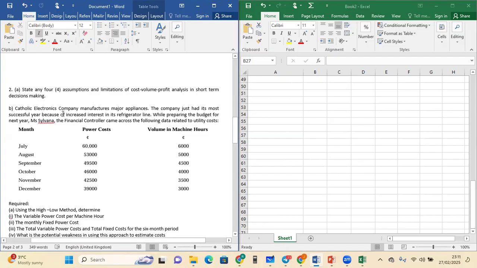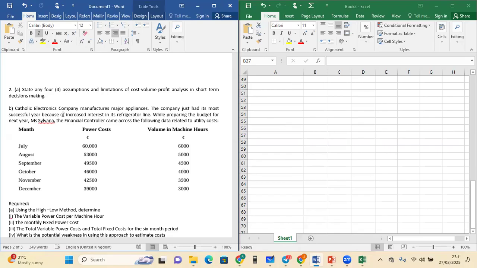So in cost-volume-profit analysis, we normally assume that there is fixed and then variable cost. The thing is that cost can be neatly split between fixed cost and variable cost when we are dealing with CVP. Because CVP normally calculates with either fixed or variable cost.